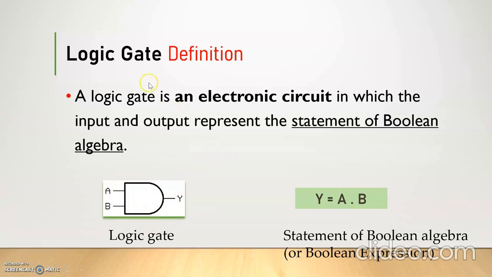So this is what the definition is saying. A logic gate is an electronic circuit in which the input and output, these are the inputs A, B, output is Y, represent the statement of Boolean algebra.